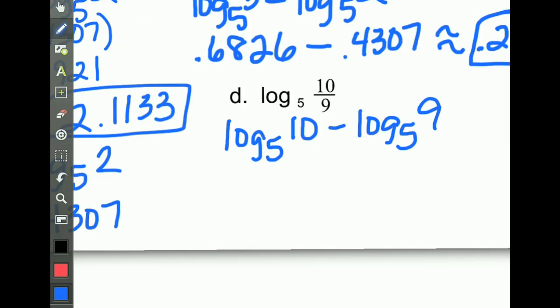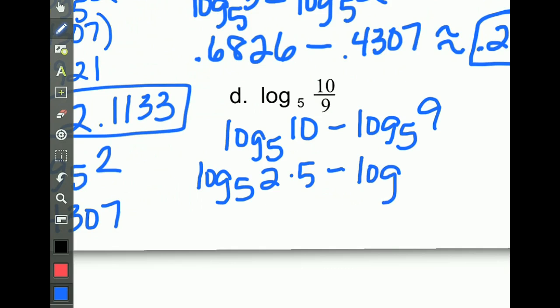Let's expand that a little bit. So we have log base 5 of 2 times 5 minus log base 5 of 3 times 3. Now you've kind of got an expansion within an expansion. So now we need to look at these each individually and expand them out.